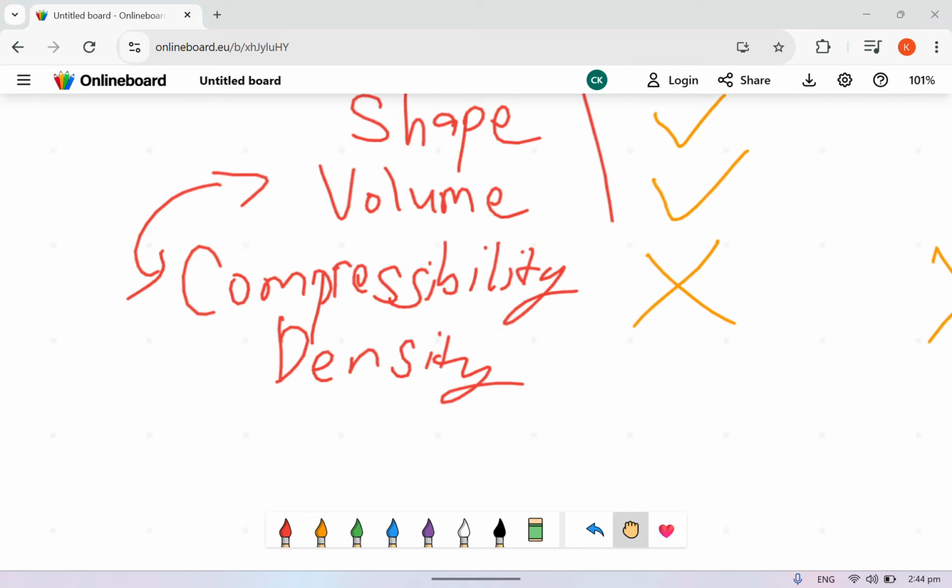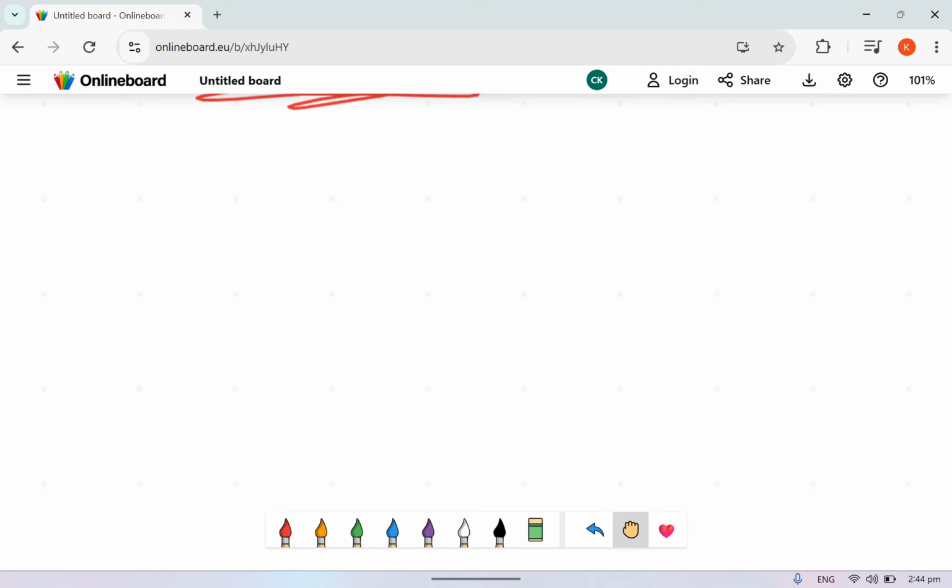Okay, now lastly, what is density? Density is how closely things are packed together in a limited space. The units for density are grams per this.